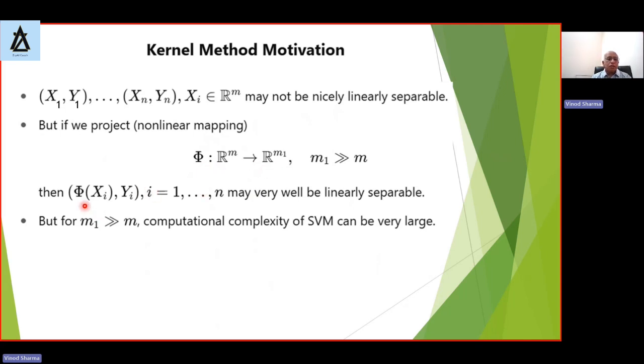For that, we consider phi(xi) corresponding to each xi, and take the corresponding label yi. We consider this data and try to use SVM linearly on this data. And since it is a much larger space, there is a good chance that the optimal SVM algorithm in the transform domain may perform much better.